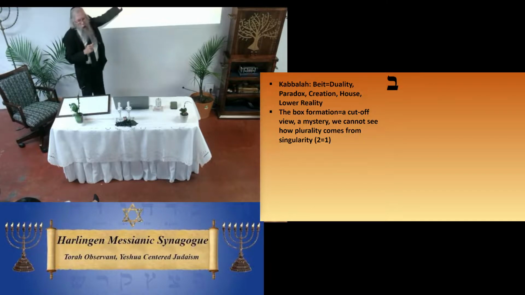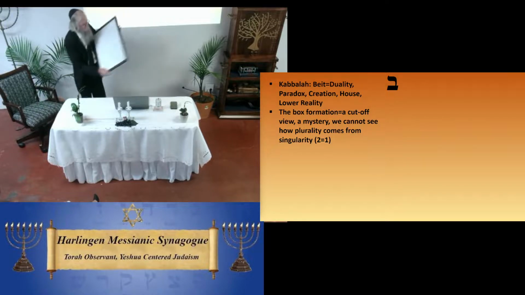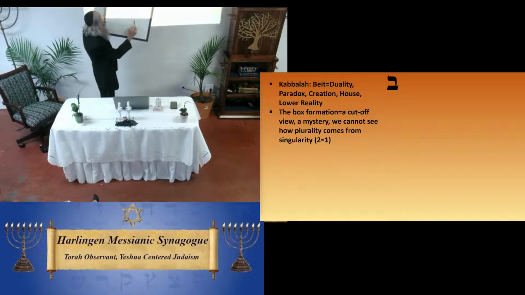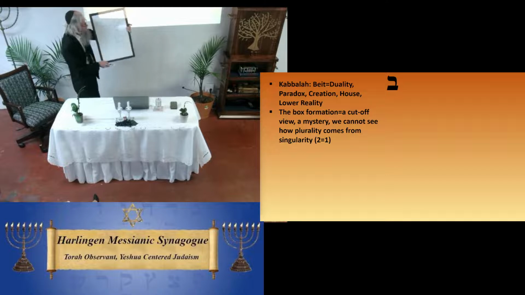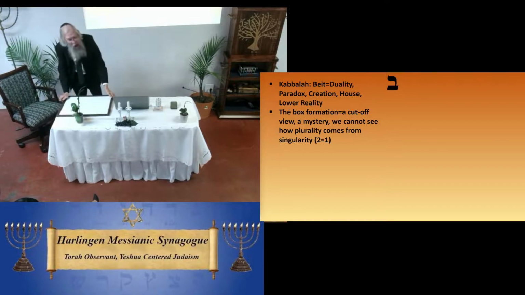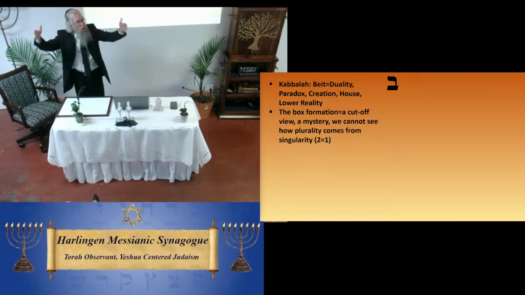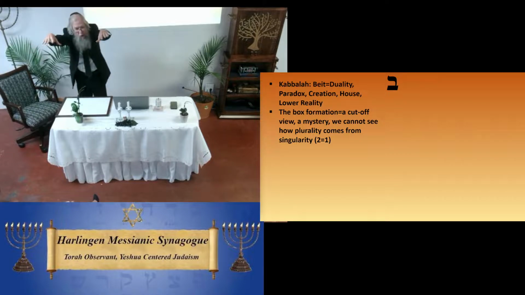So Bet is a cut view of a box. Okay? You have the cut view. If you would picture, this is a box. See, a box. Why a box? It has an opening, but you cannot see past here. Meaning, you have some understanding of this, but you cannot see beyond.